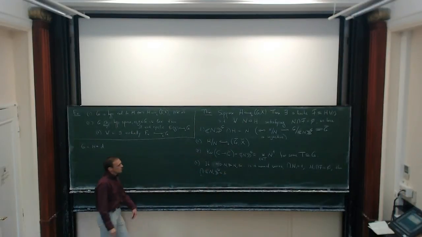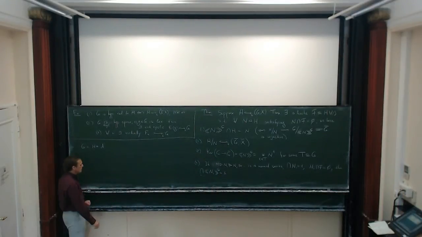So the group G is approximated by quotients of this sort. Okay.